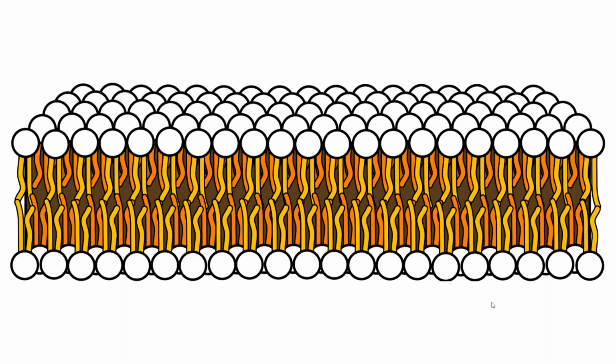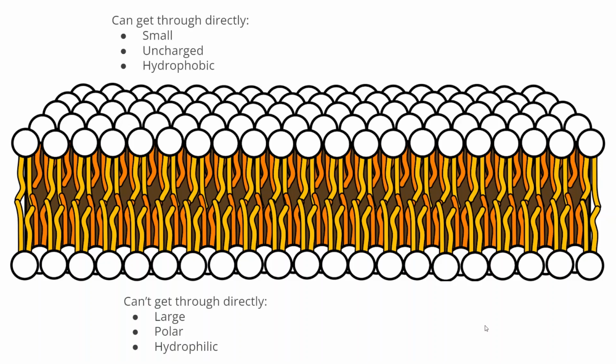And the hydrophobicity of each of the parts determines what can come in and what cannot come in to the cell membrane directly. What can get through directly are small, uncharged, and/or hydrophobic molecules.